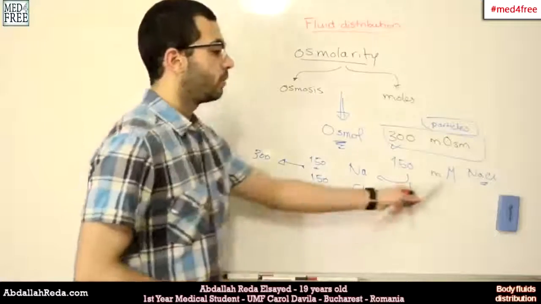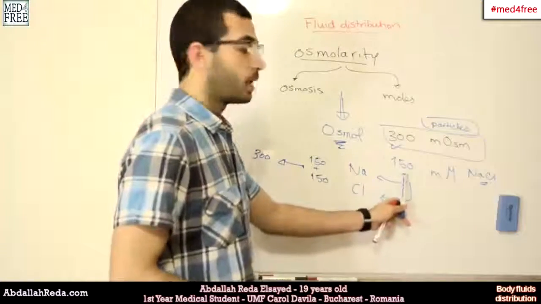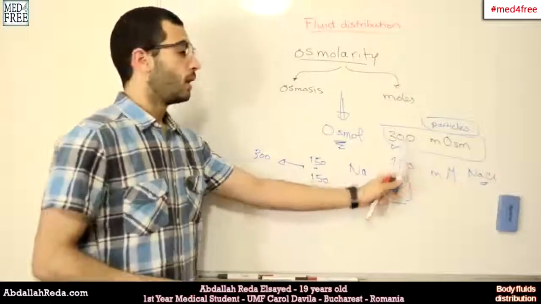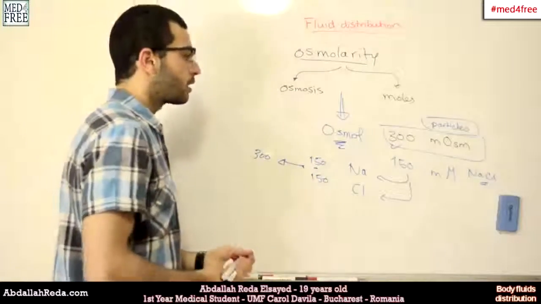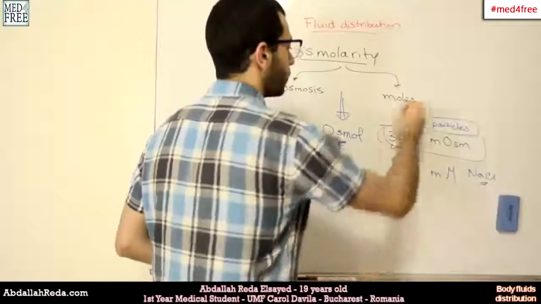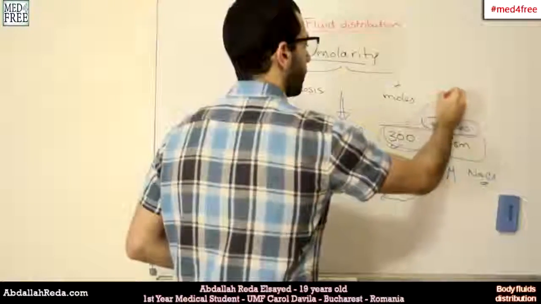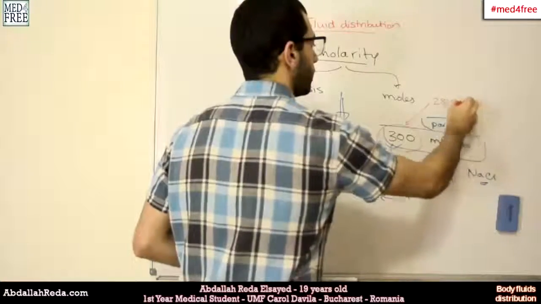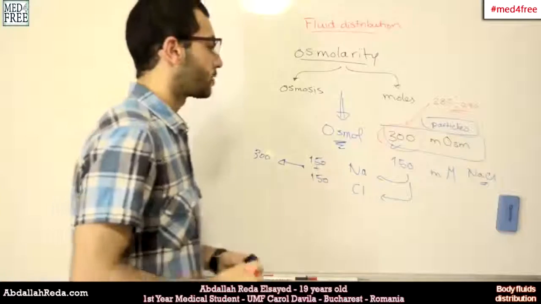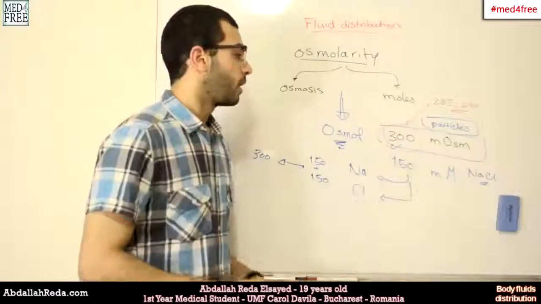So when we say millimoles, it's 150, and when we say milliosmoles, then it's 300. And this number is rounded up. Normally it's 285 or 290, but in calculations it's written as 300.